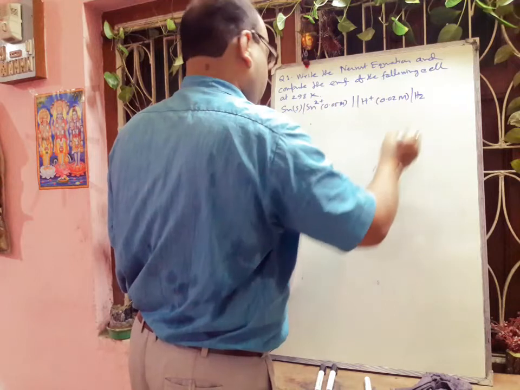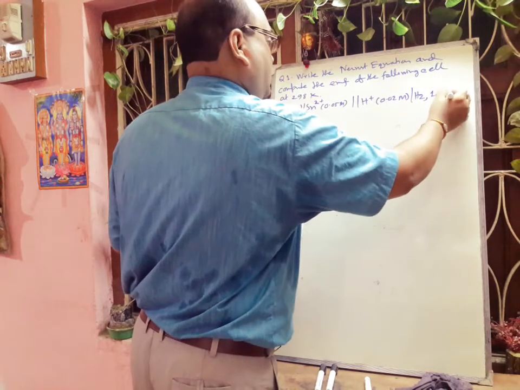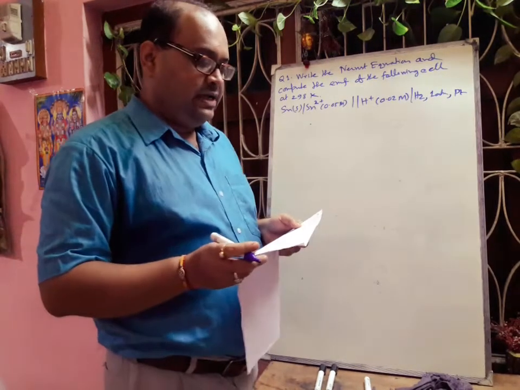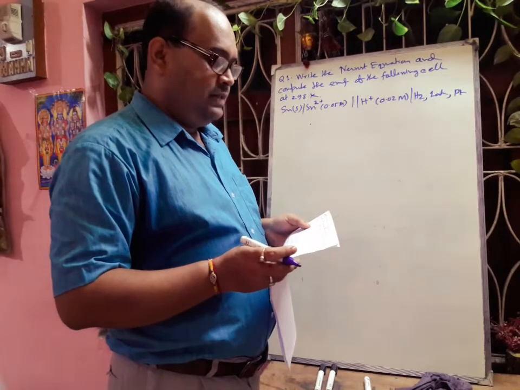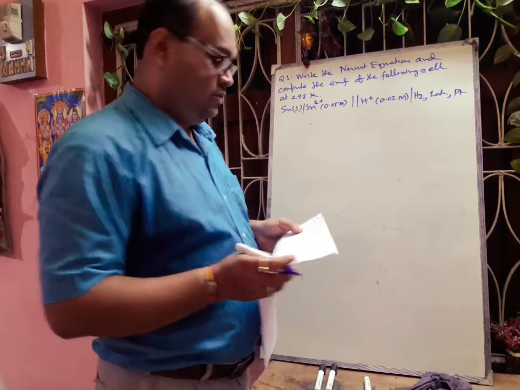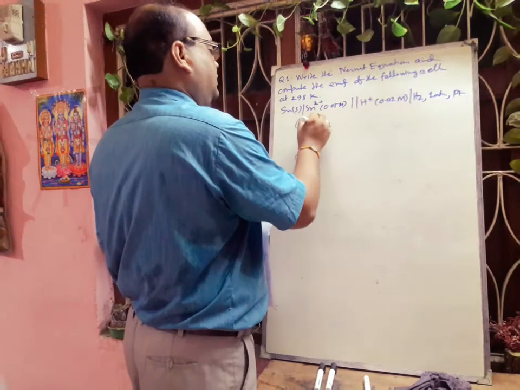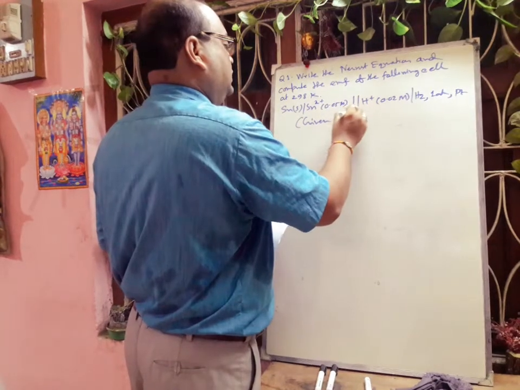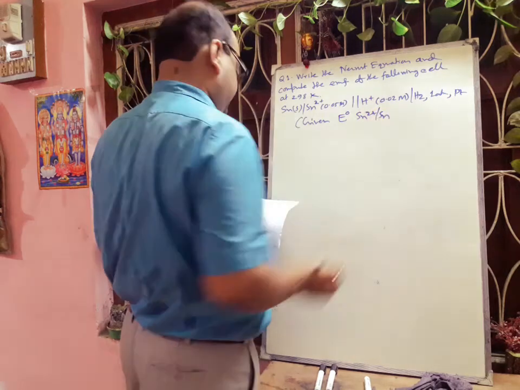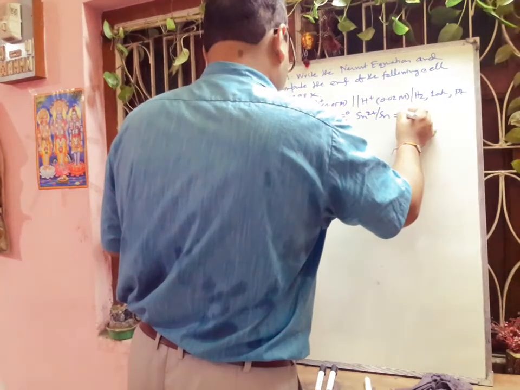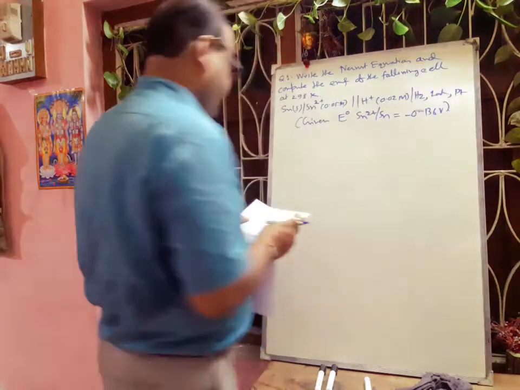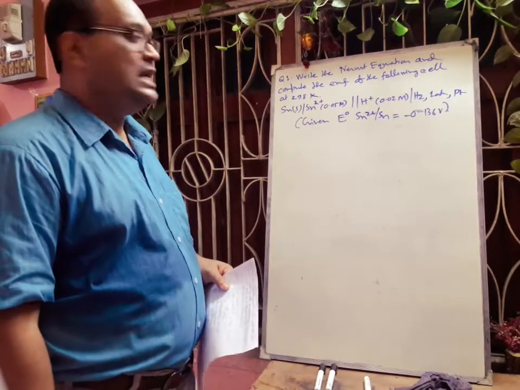This is a hydrogen electrode, not standard, using platinum. Also given is E0 of Sn2 plus/Sn, that is the electrode potential of tin, which is minus 0.136 volt.